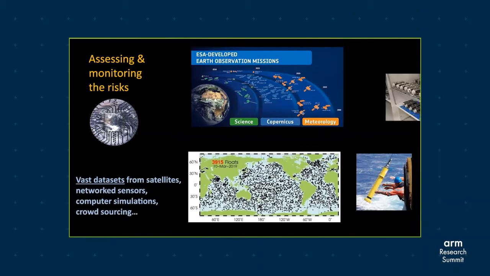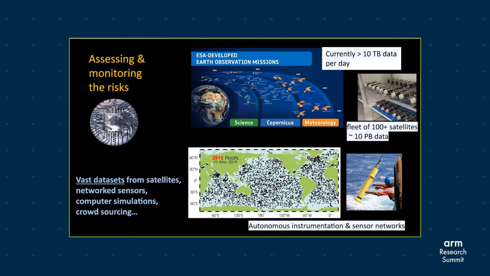We also have increasingly diverse different data sets on the ground, and here's just one example of the sort of diverse data that we have. This plot here shows some 4,000 floats that are continually observing the ocean from the surface down at depth.